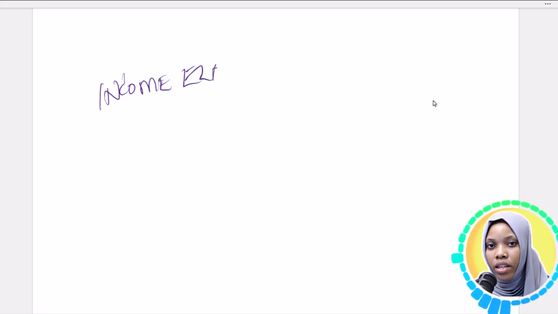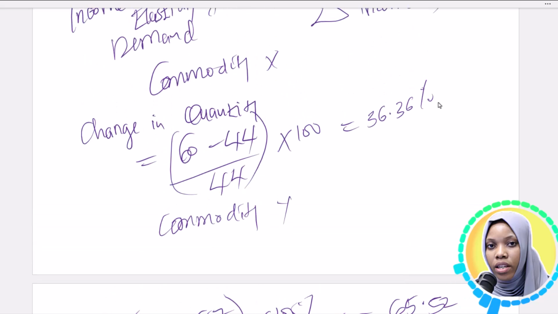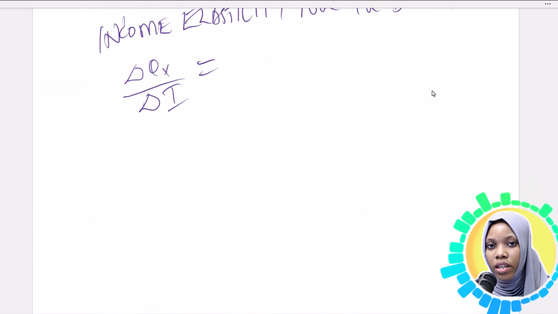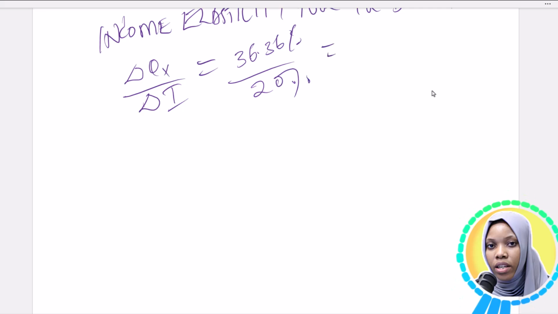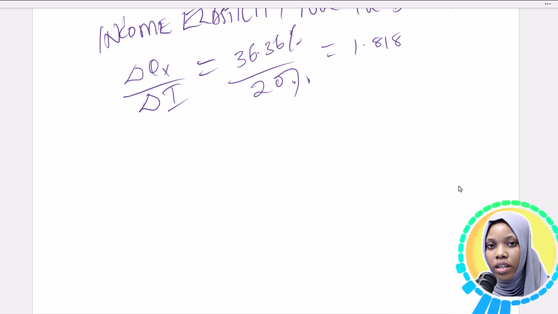Income elasticity for product X, for commodity X, which is change in quantity of X with respect to change in income, and that is 36.36%. 36.36% divided by 20% gives us 1.818.